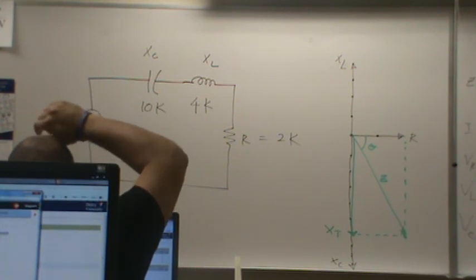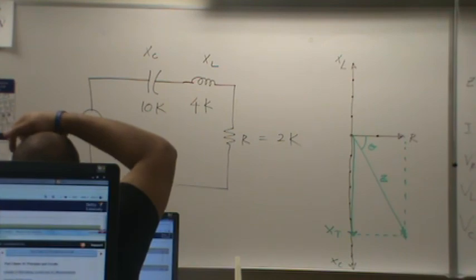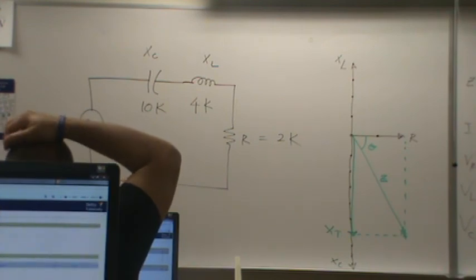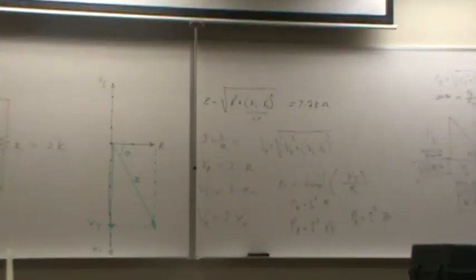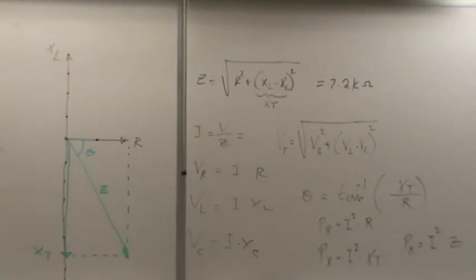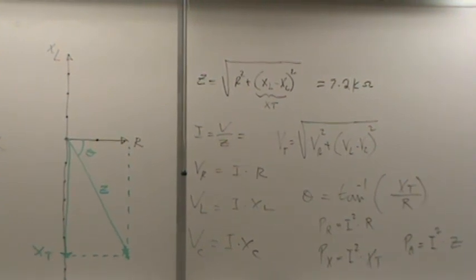But I can tell you in general that at lower frequency the capacitor dominates, and at high frequency the inductor dominates. We're talking about a series RLC circuit, not a parallel circuit. Remember, the higher the resistance, the higher the voltage drop.